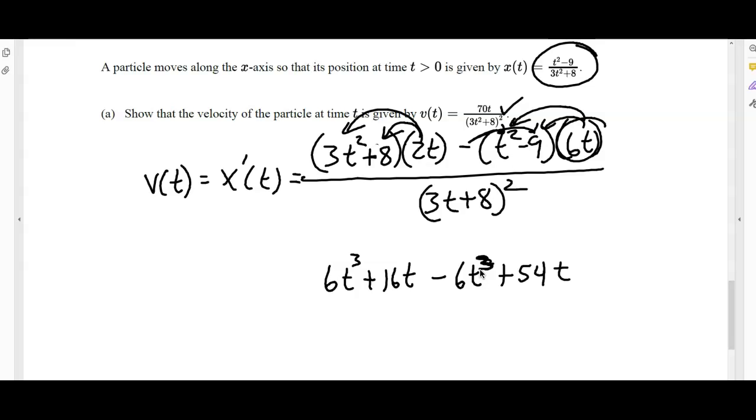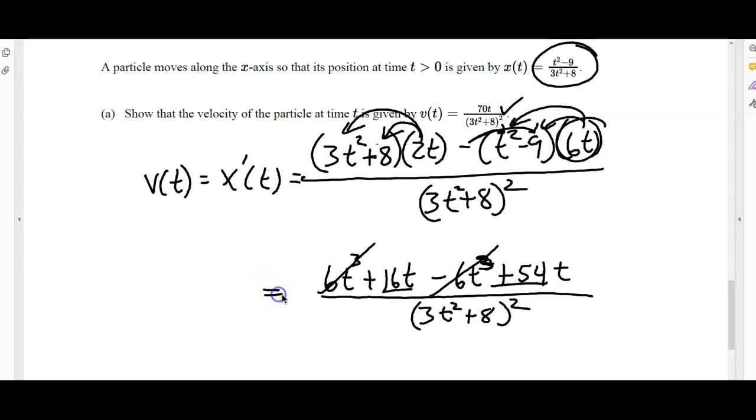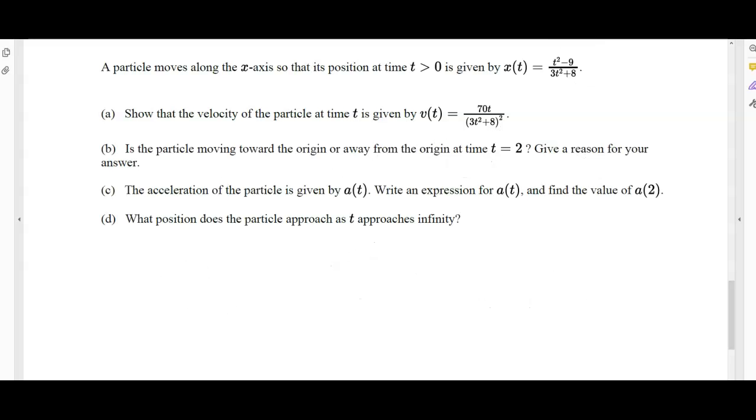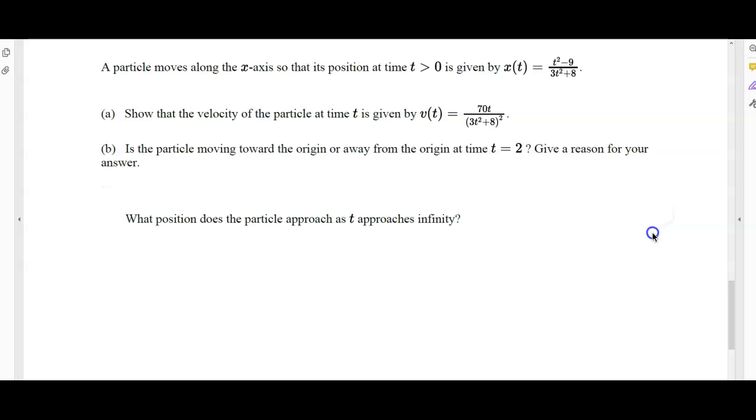All right. Let me keep the bottom the same. All right. The t cubes go away. The 16t and the 54t become 70t. And now we have what they wanted us to find. There's that. That's the end of question 1 there. Let's go ahead and take a look at question number 2. Or question B, I should say.